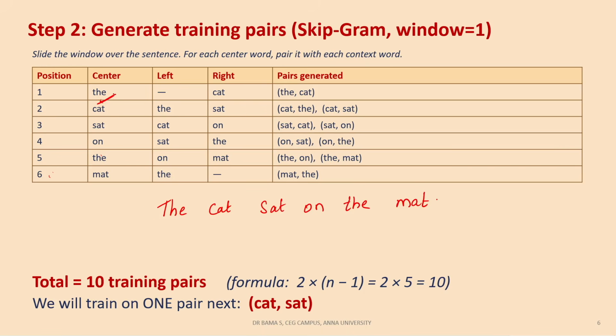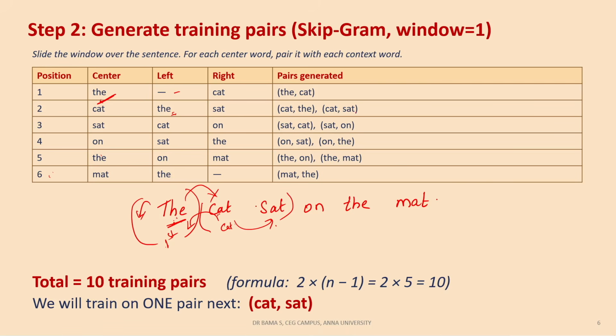If "the" is the center, the left of it is nothing, on the right it is going to be cat. So, the pair generated will be (the, cat). The second window is cat sat, the center is cat, the left is "the" and the right is sat. So, we have 2 pairs generated, (cat, the) and (cat, sat).